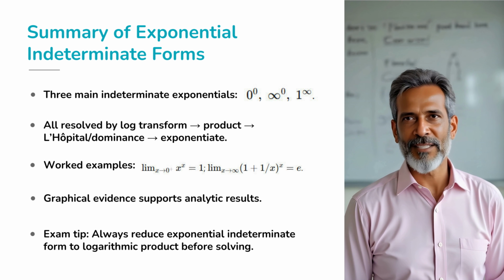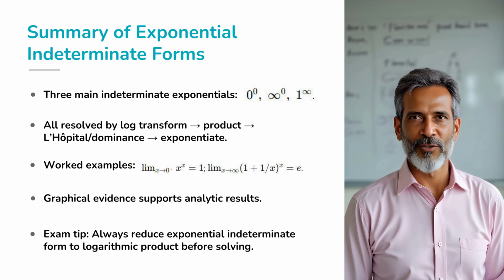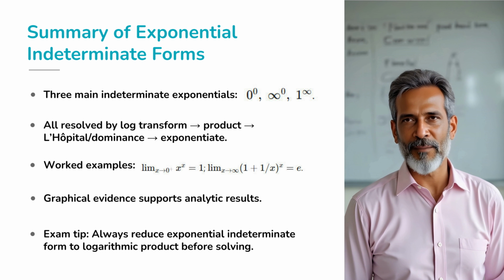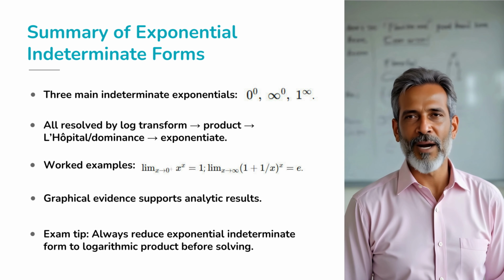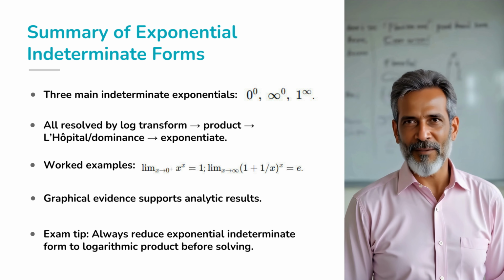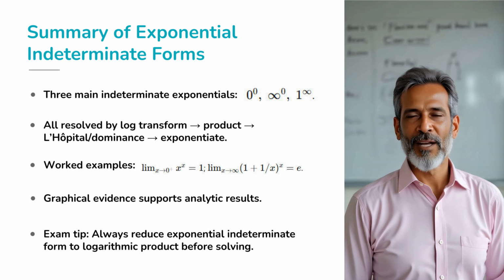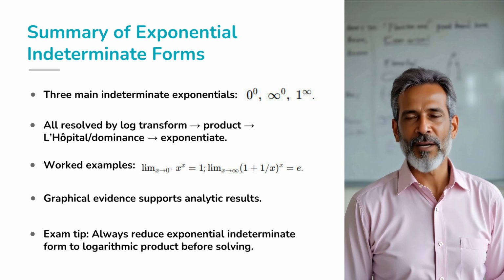We solved the classic case, the limit as x goes to 0 plus of x raised to x equals 1. We discovered the definition of e from the limit as x goes to infinity of (1 plus 1 over x) raised to x. And we saw that exponential indeterminate forms are not really mysterious once you have the right tool.